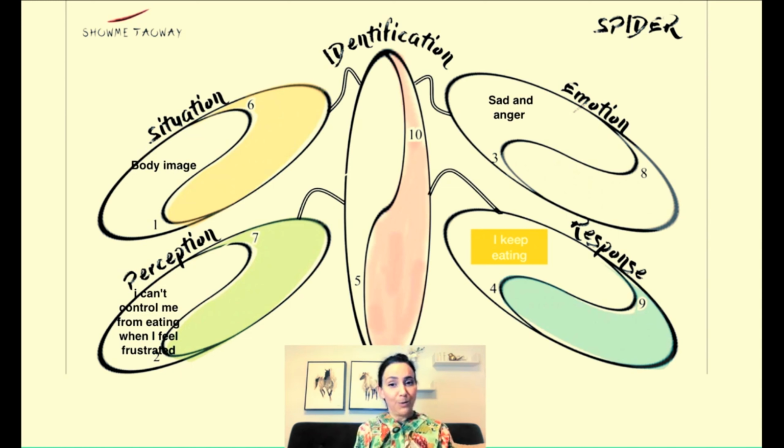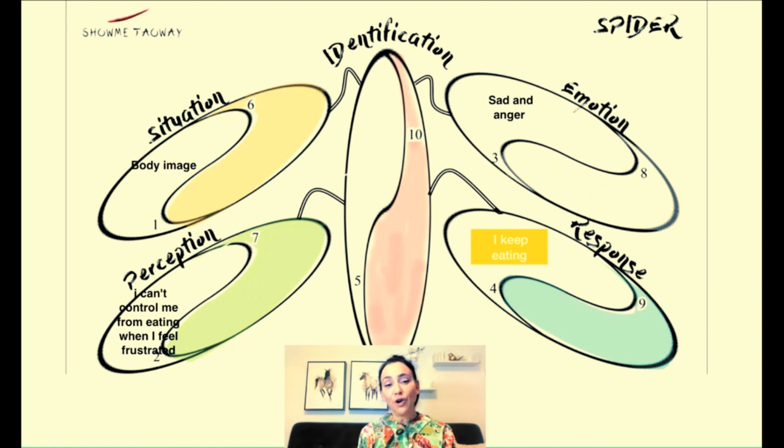We are going to share the story that you just wrote from number 1 to number 4. And this story is not about you. It's a story about someone else. And it starts with once upon a time. Once upon a time, there was a woman who didn't like her body. And she felt very, very bad about her body image.